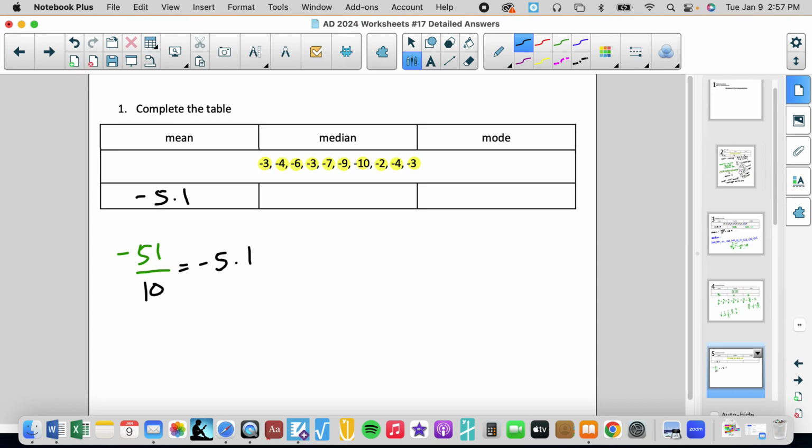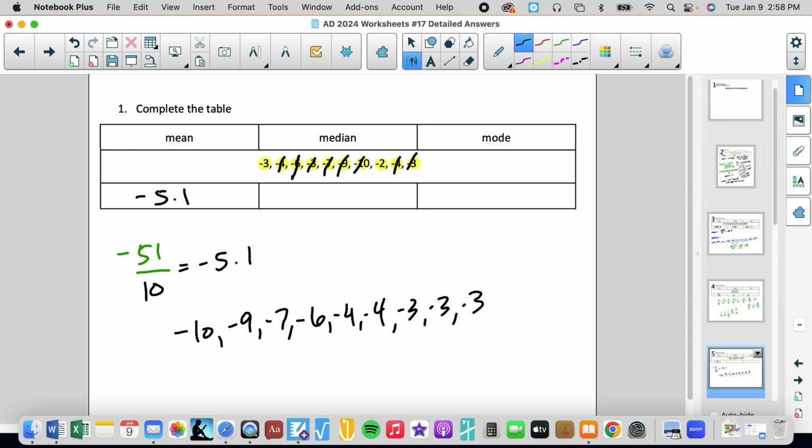5.1 should be my mean. My median, I have to put them in order. -10, -9, -7, -6, -4, -4, -3, -3, -3, and -2.